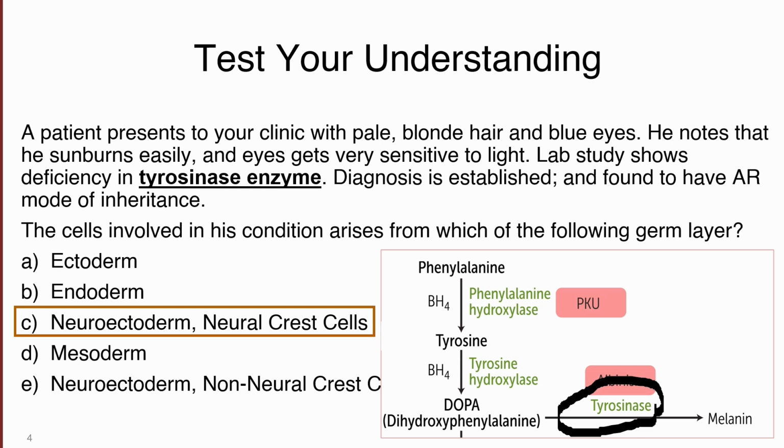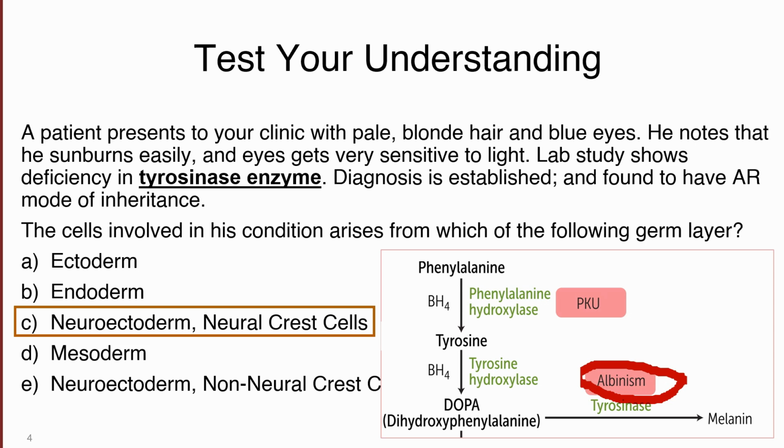So the person is having a deficiency in the tyrosinase enzyme. When there is poor activity of tyrosinase, of course he cannot produce enough melanin, and he suffers from the condition known as albinism. That's why he is very sensitive to light. And the cells of origin are the neural crest cells.